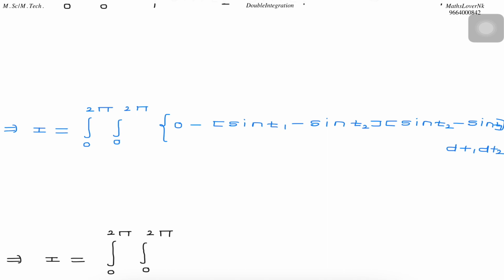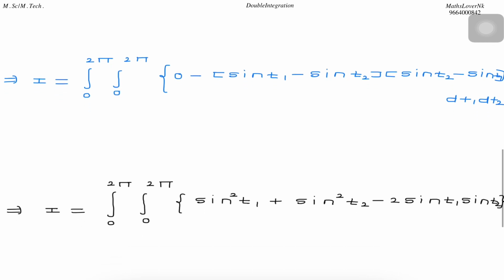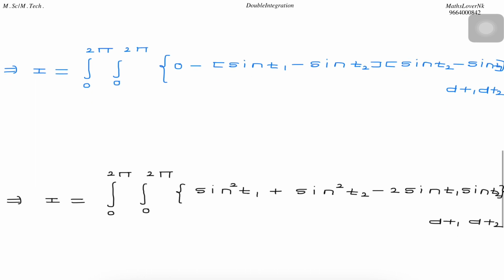We know that (a minus b) whole square is equal to a square plus b square minus 2ab, so it becomes sin square t1 plus sin square t2 minus 2 sin t1 sin t2, into dt1 dt2.